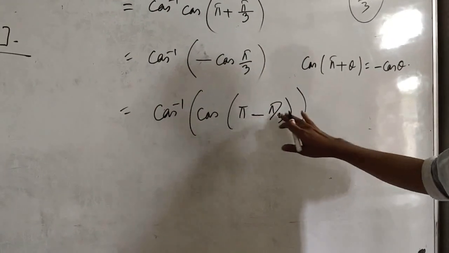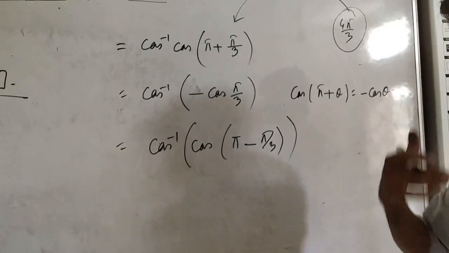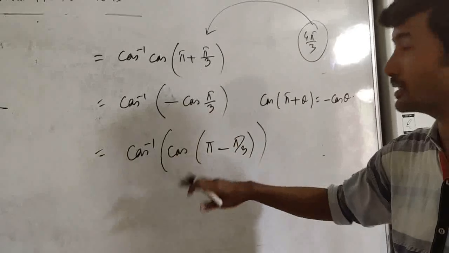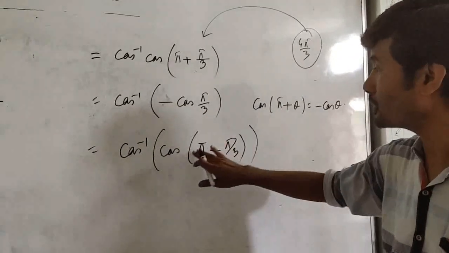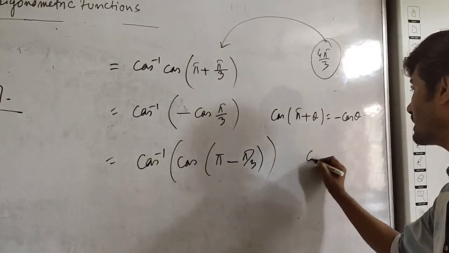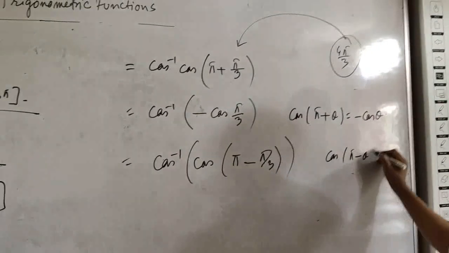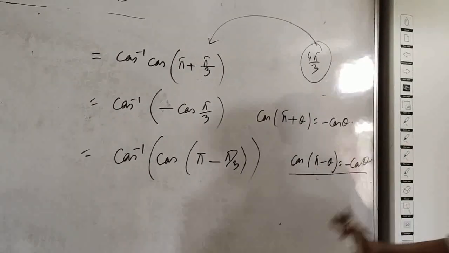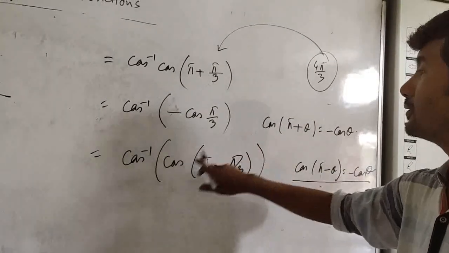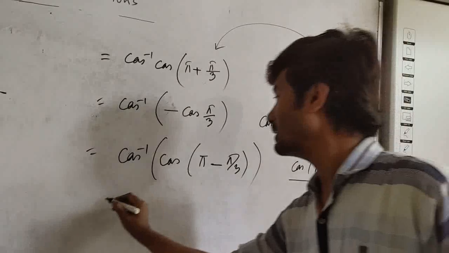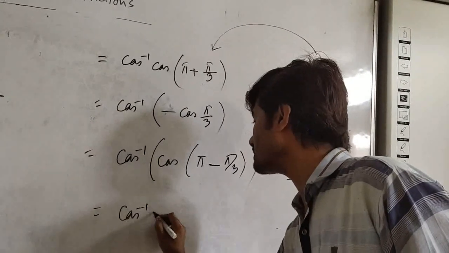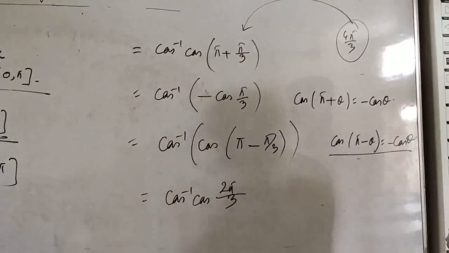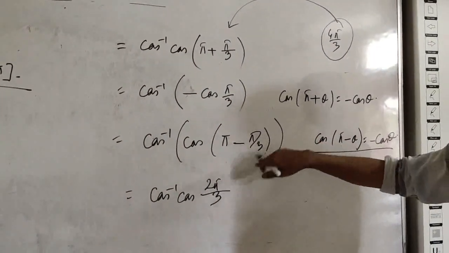Pi minus pi by 3 is an angle which lies in the second quadrant. Since cos pi minus theta is again minus cos theta, using this simple formula we can write minus cos pi by 3 as cos pi minus pi by 3, so we get cos inverse cos 2 pi by 3, because pi minus pi by 3 is nothing but 2 pi by 3.